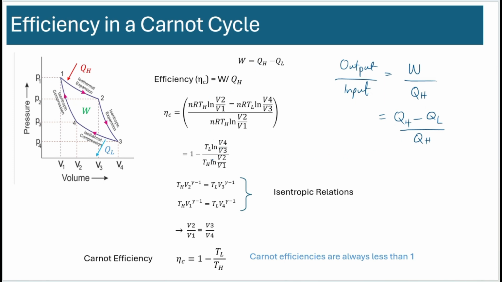So you substitute all these numbers in there, you will end up getting 1 minus TL over TH. So this equation comes back to this. We have derived this using actual work done calculations and actual heat transfer, and we have derived this equation in a different way.